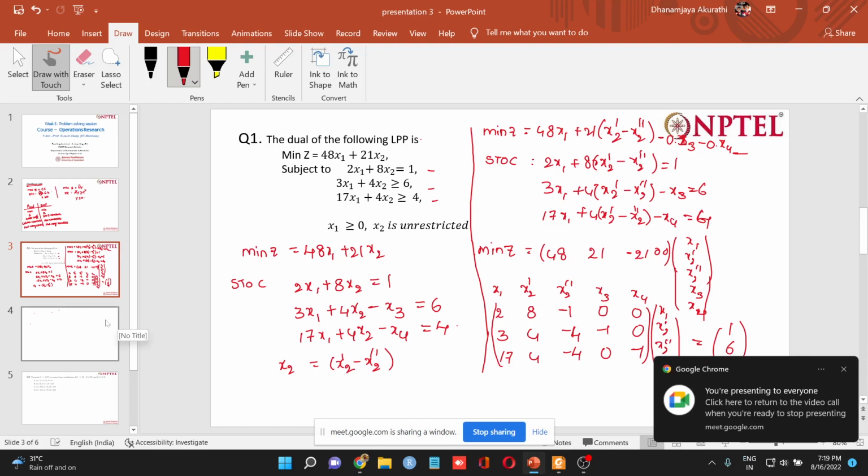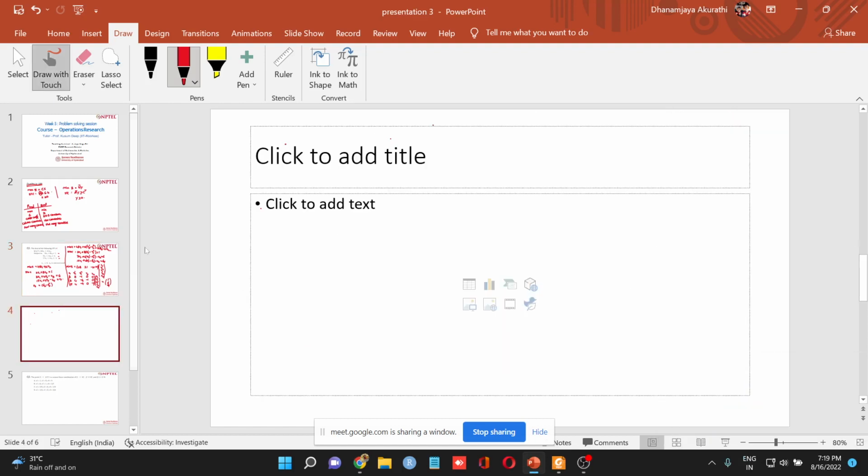Here it is the minimization type in primal.